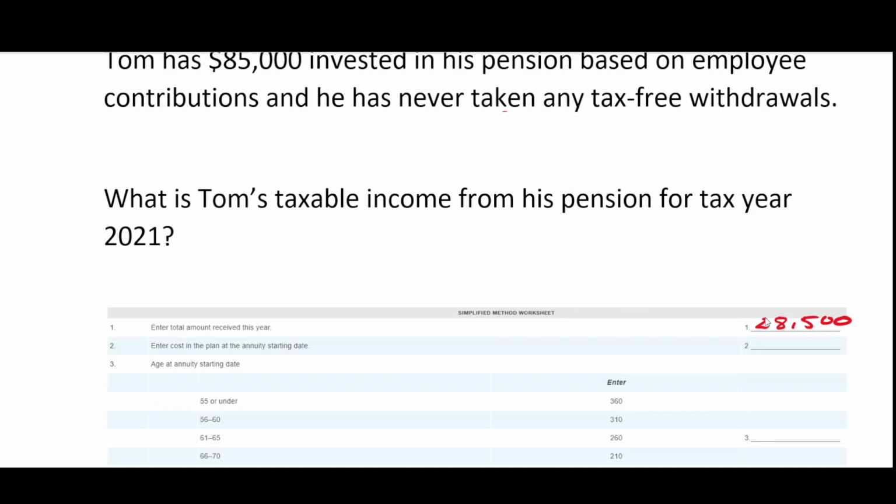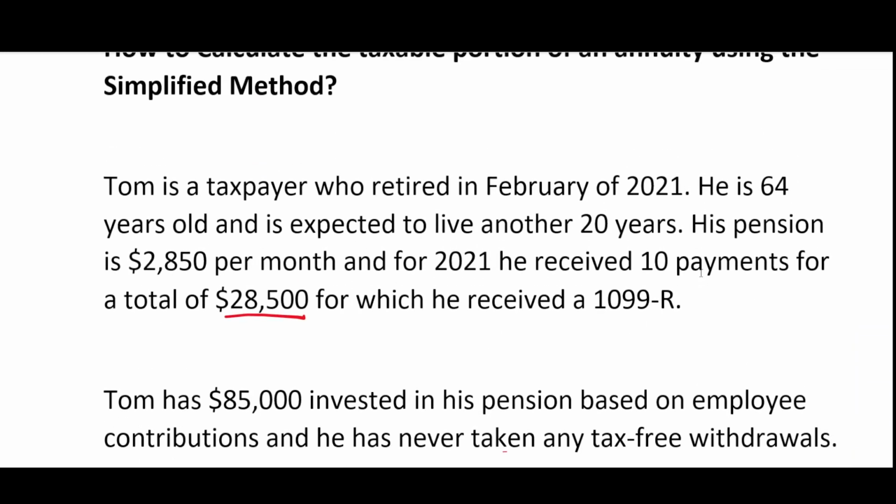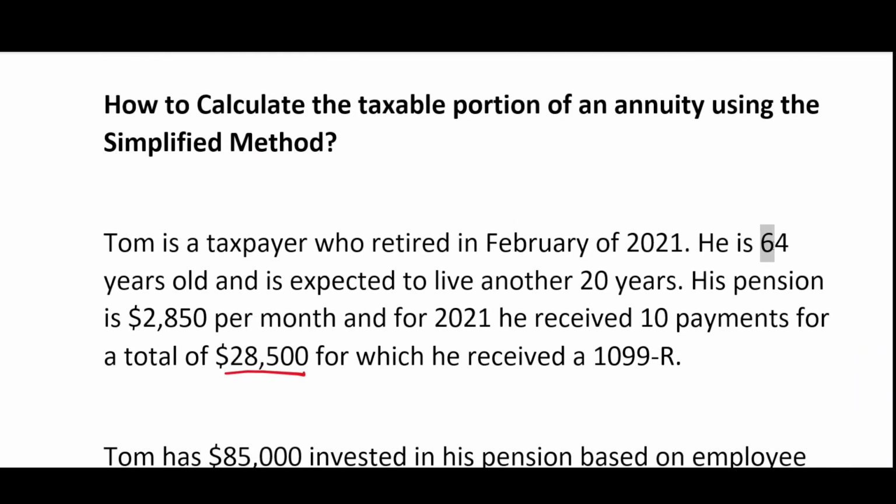All right. Enter the cost of the plan at the annuity starting date, and this is going to be the $85,000 that Tom had in this plan. That's $85,000. Then we go back up and we realize that Tom is 64 years old.